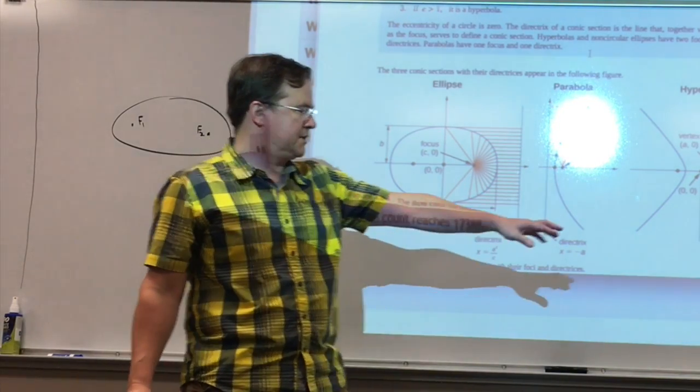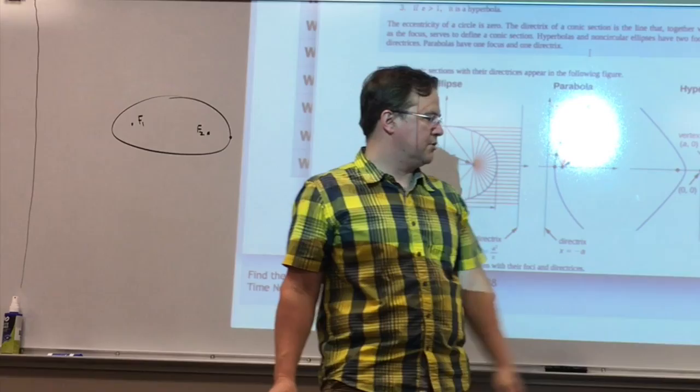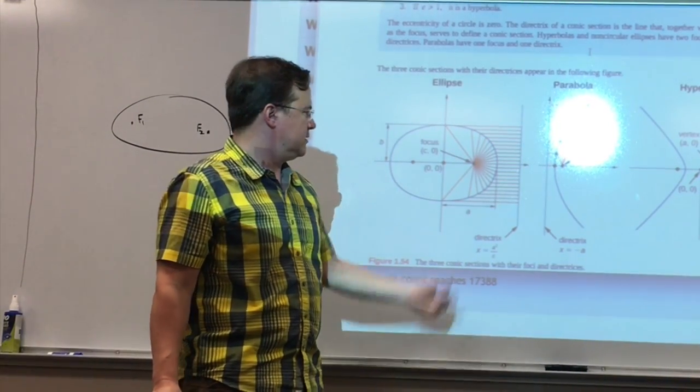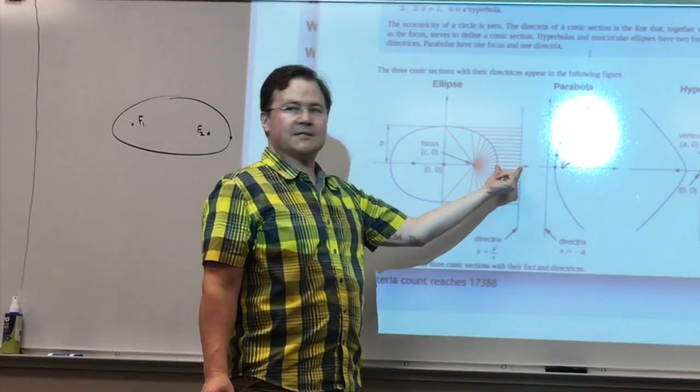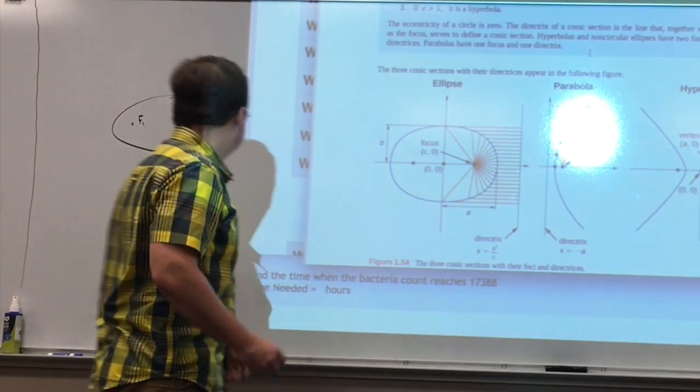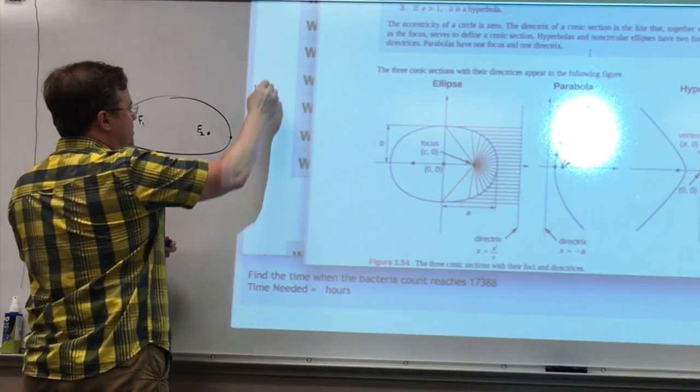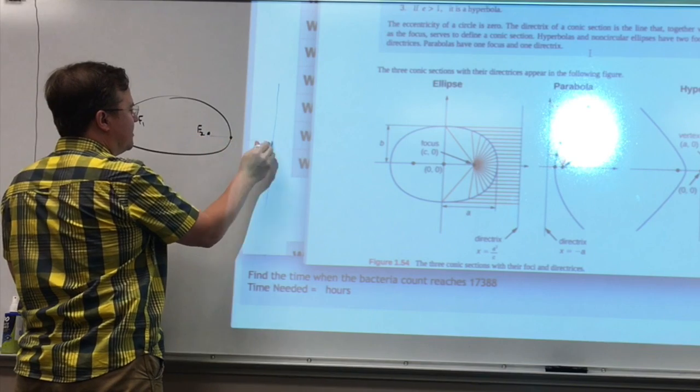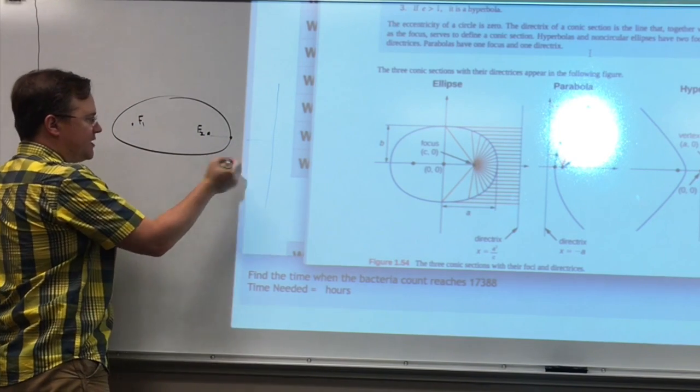Because the eccentricity is small, between 0 and 1, this distance should be smaller than that distance right there. By 3/4, yeah, exactly. So if I took this distance divided by that distance, that should be 3/4.